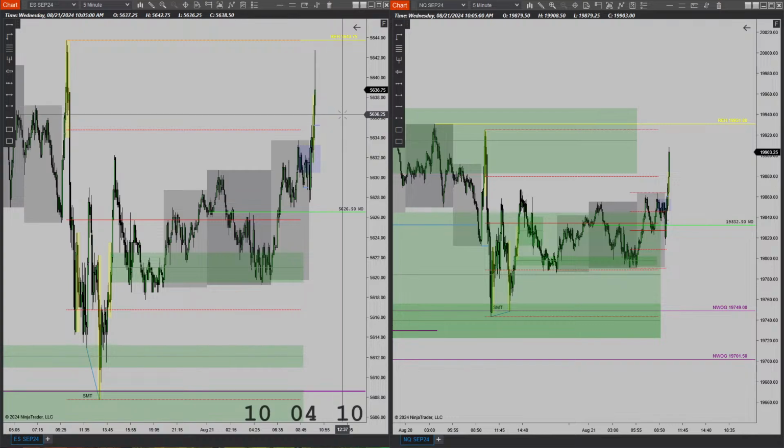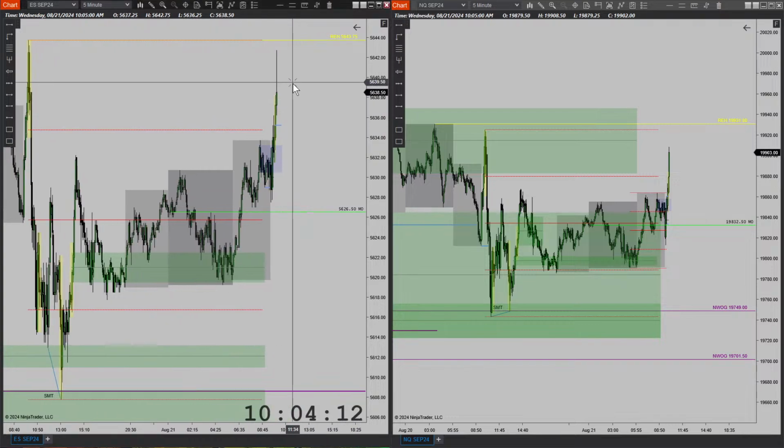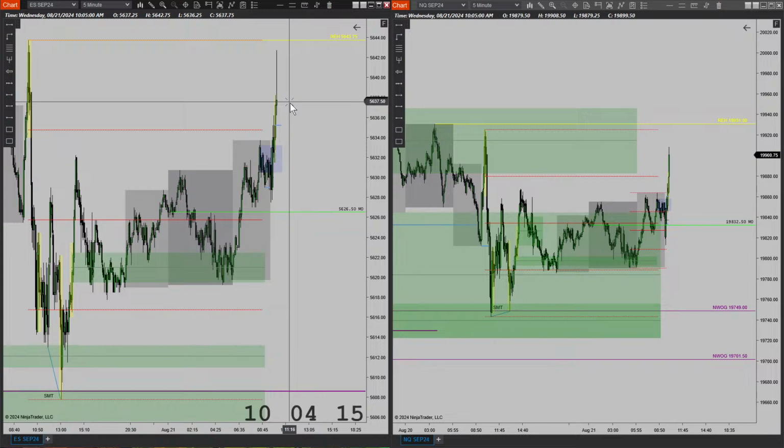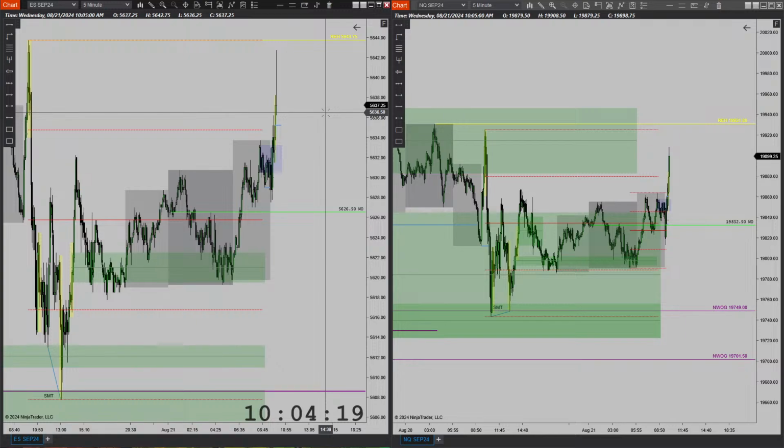Once the FOMC minutes are out, that's when you see the run on liquidity or the run on stops, and then price begins that way. I'm not going to come back until the 1500 macro, because by that time price will have already settled and will have drawn highs or lows depending on where the market's headed.